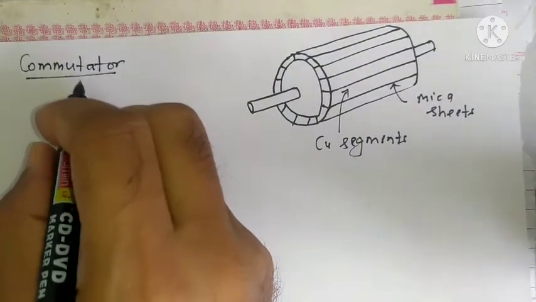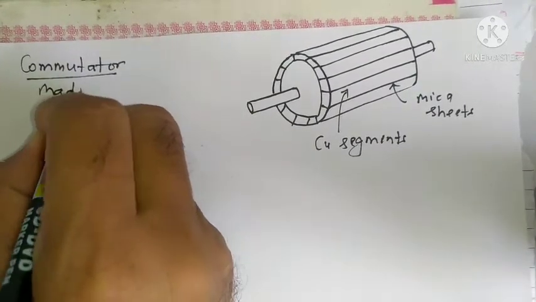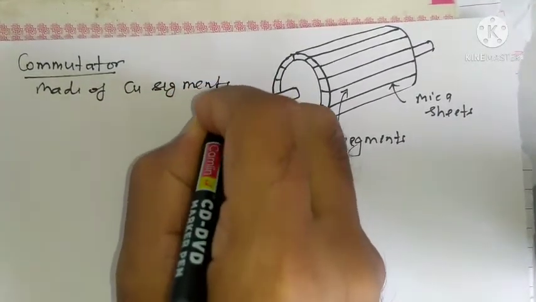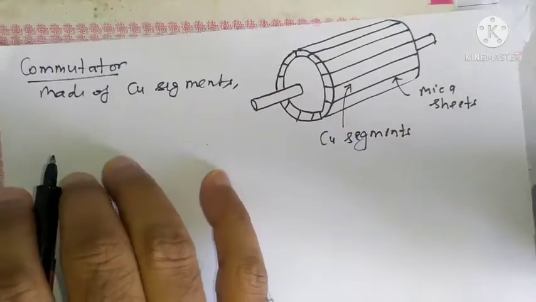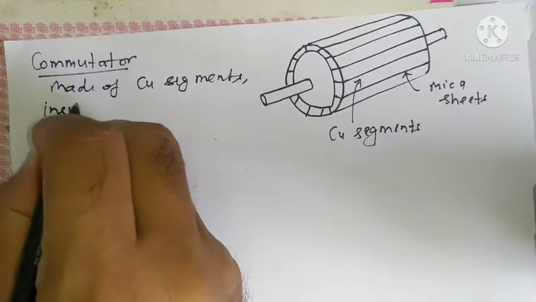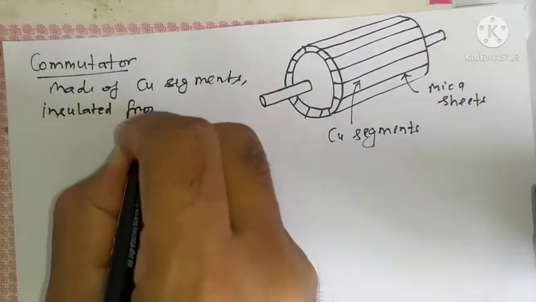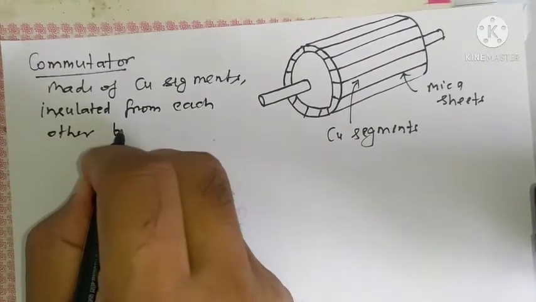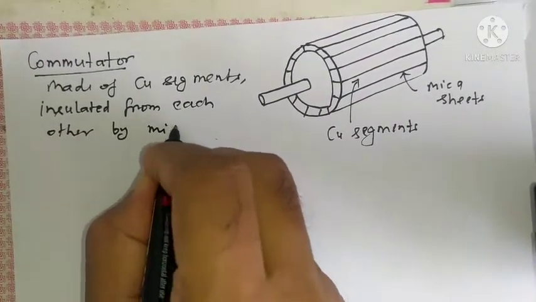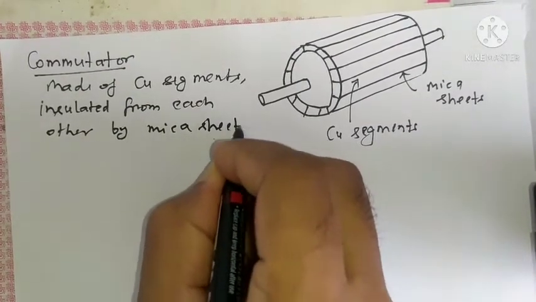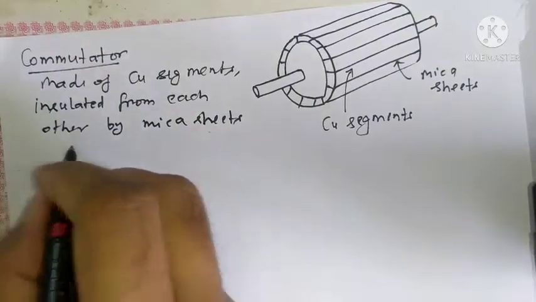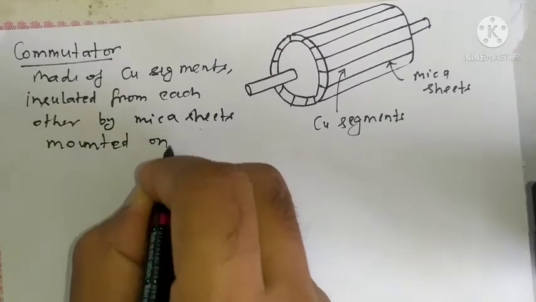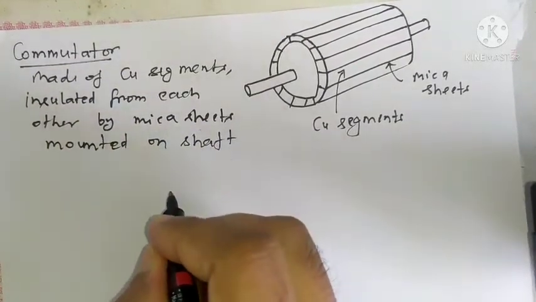So it is made up of copper segments insulated from each other by mica sheets, and mounted on the shaft of the machine, right?